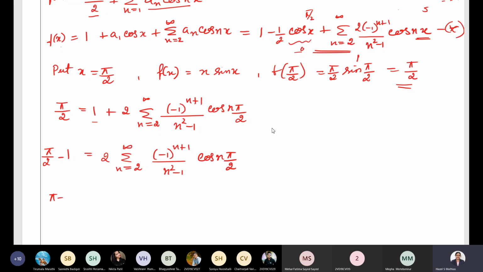It will become pi minus 2 divided by 2, and on the right side the 2 gives 1 by 2. That is equal to summation minus 1 power n plus 1 divided by n square minus 1 into cos n pi by 2. Check if you have any doubt in this, everyone. Everyone check for a minute.